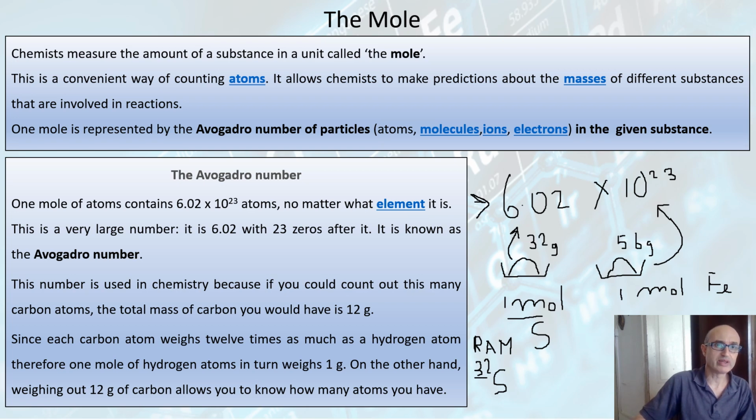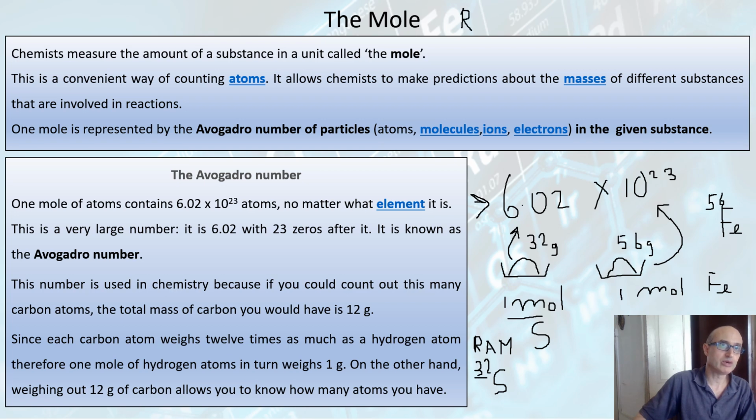Likewise, if I had to look at iron, iron has a relative atomic mass of 56. So all I have to do in order to determine how much 1 mole of iron atoms weighs, all I have to do is put a G behind the 56. Okay? So I would know that 1 mole of iron atoms weighs 56 grams. So, in other words, you have the RAM.